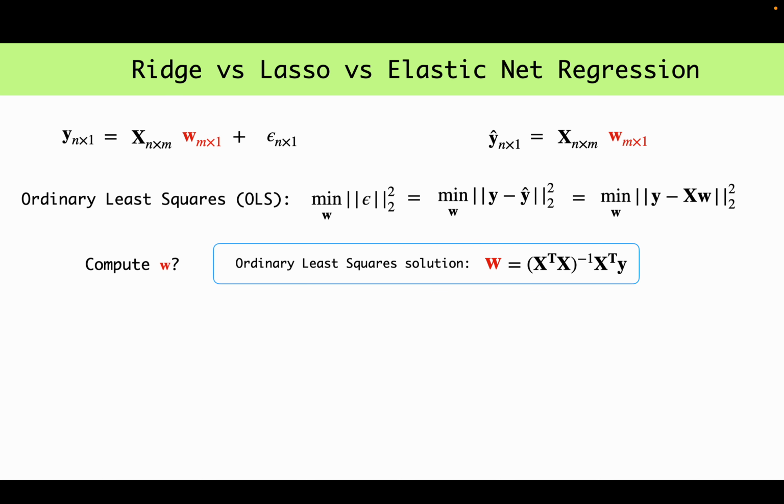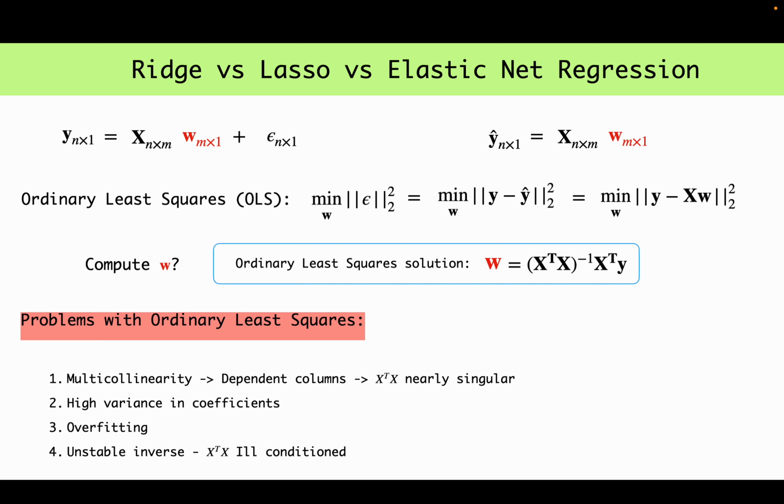So in this video we will see what the problems with ordinary least square are and how we can mitigate them by using various regularizers like ridge, lasso, and elastic net regression. The problem with ordinary least square is multicollinearity.